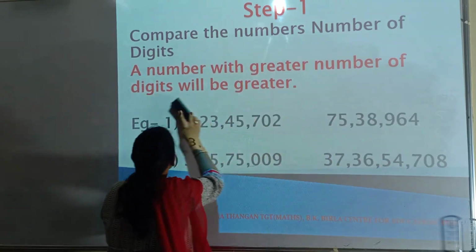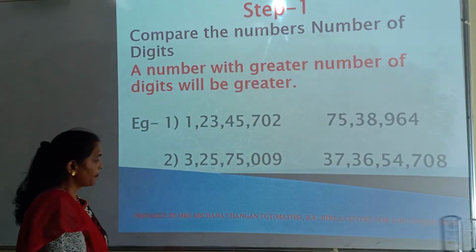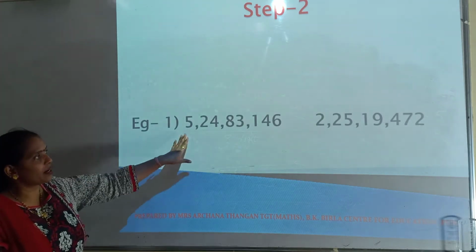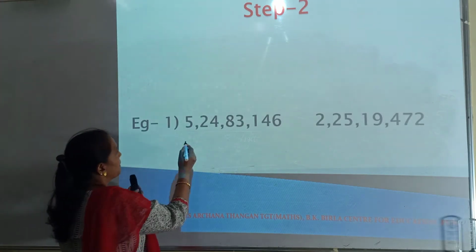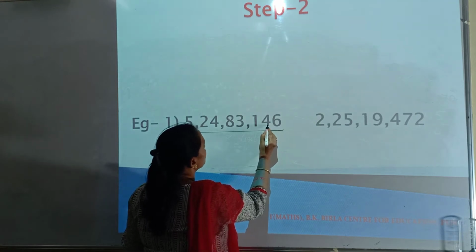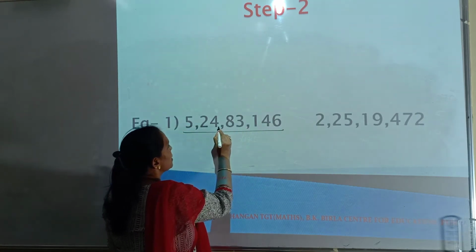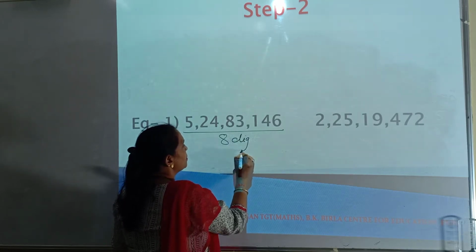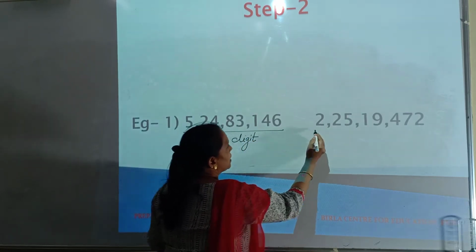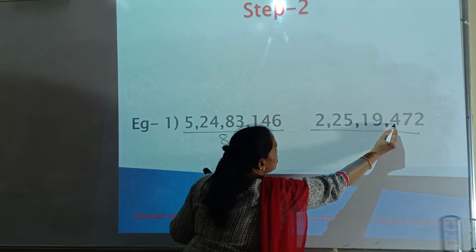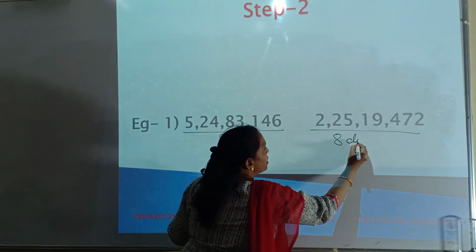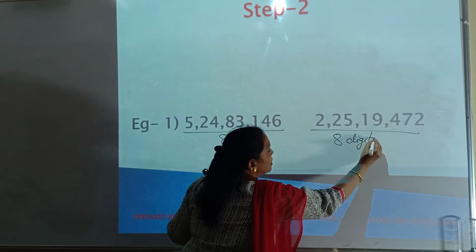Next is, what is the next step? Here, we have to check the number of digits. 1, 2, 3, 4, 5, 6, 7, 8. This is an 8-digit number. And this is 1, 2, 3, 4, 5, 6, 7, 8. This is also an 8-digit number.